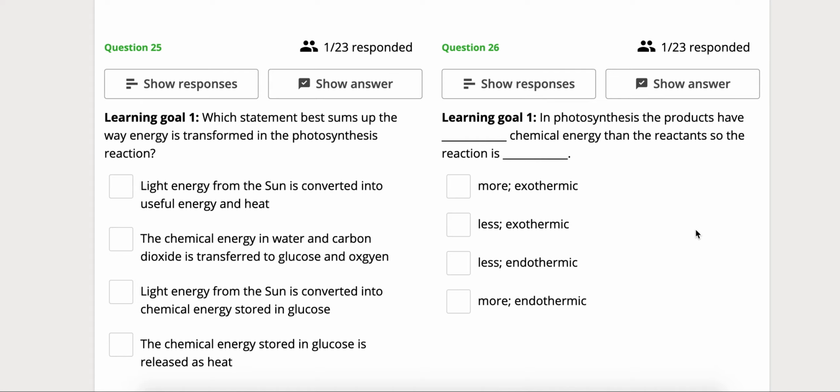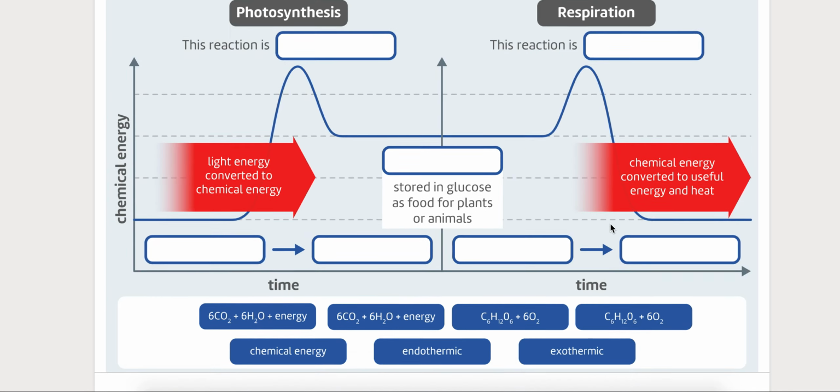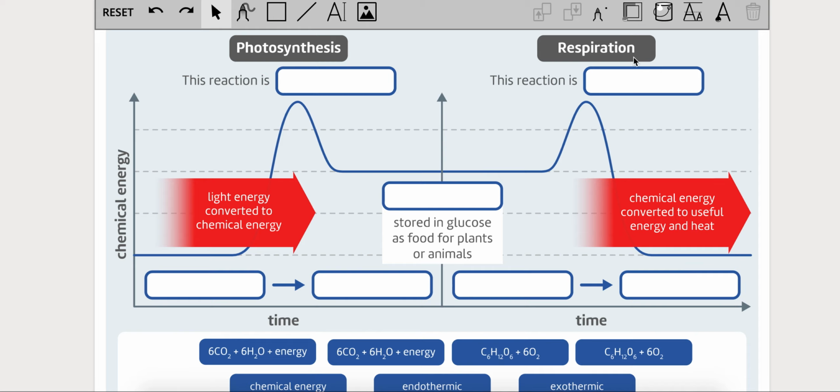Question 26. In photosynthesis, the products have something chemical energy than the reactants. So the reaction is something. So this particular question 26 relates to your energy diagram on the side, on this top side here.